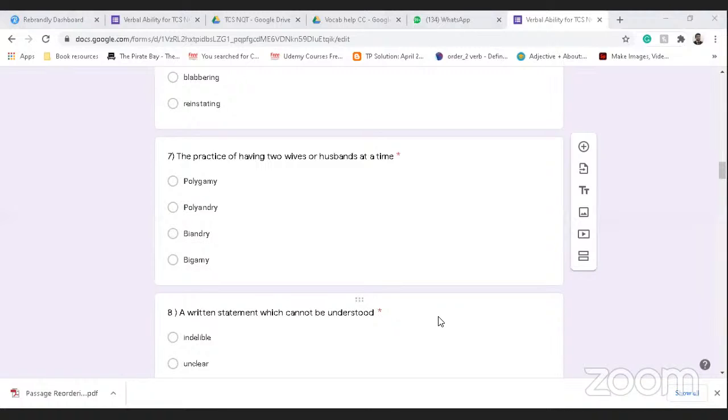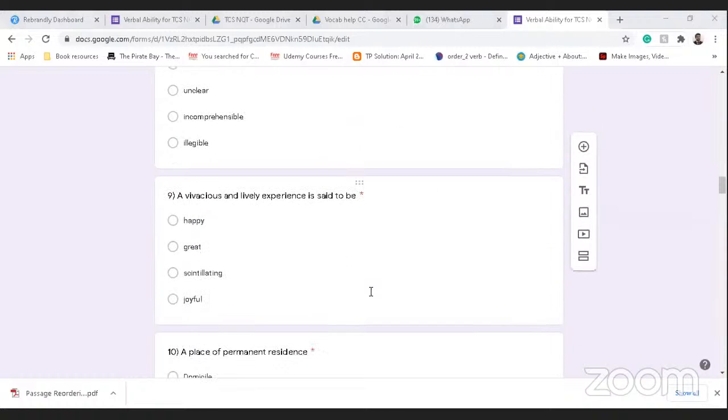Abhishek has enjoyed the question. Great. So bigamy: bi is two, and gamy means marriage. Two marriages. Polygamy means many marriages; poly means many. Polyandry means having many husbands at the same time. Biandry means having two husbands. Now don't let your imaginations go here and there.